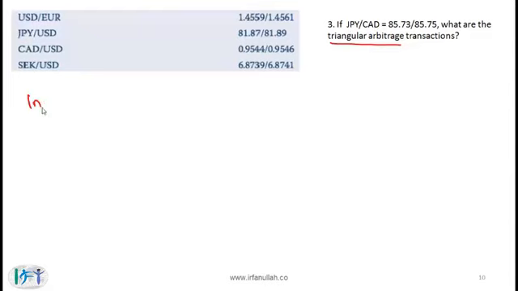So the implied cross rate, which we just calculated in the previous example, is as follows. It is 85.76, which is the implied bid, and 85.80, which is the implied offer. So this is the implied cross rate.